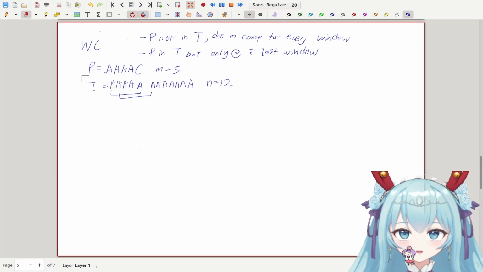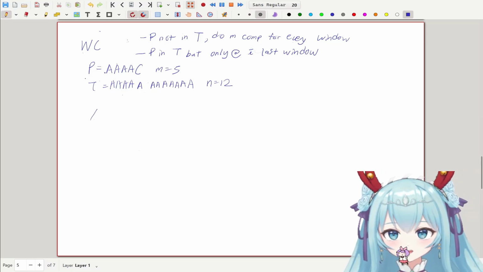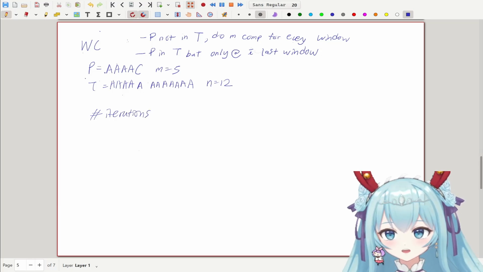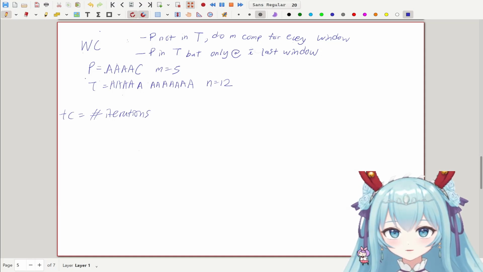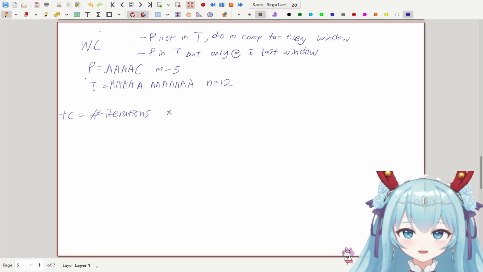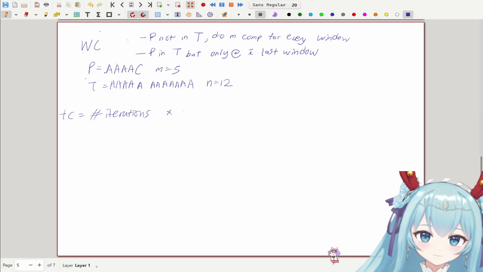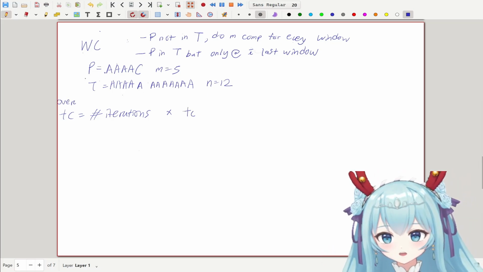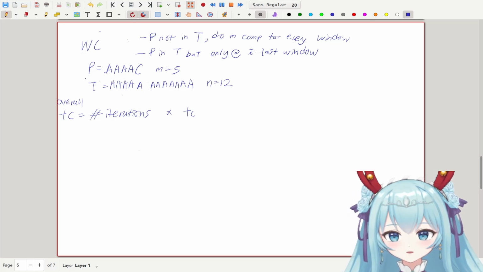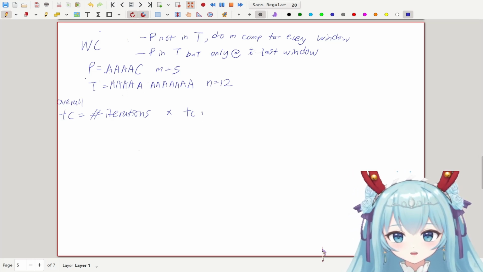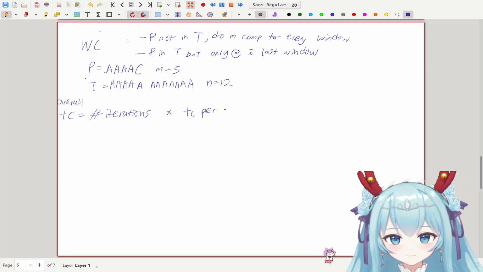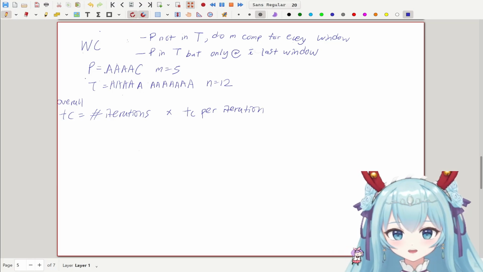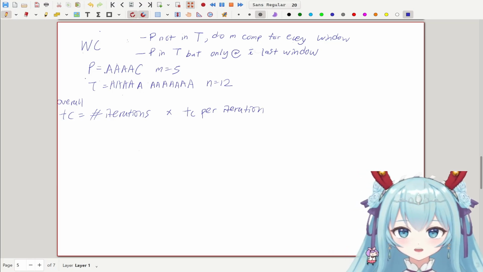So that means normally the overall time complexity is equal to the number of iterations times the time complexity per iteration.